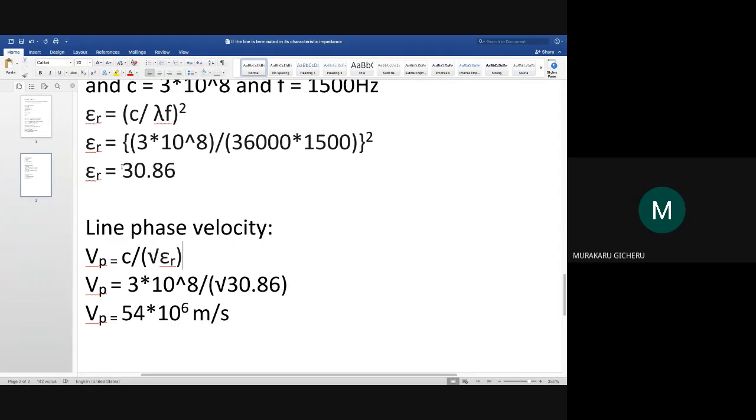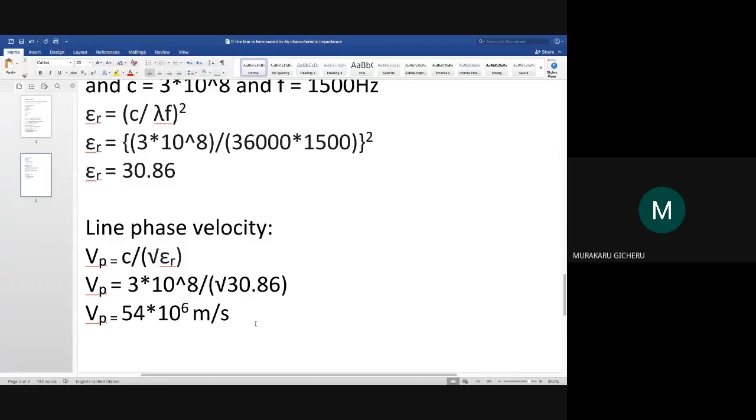If you do the math, again, with the calculator's value of this, not the rounded off value, you're going to get a Vp of 54 times 10 to the power 6 meters per second. And yeah, that is the end of this question.